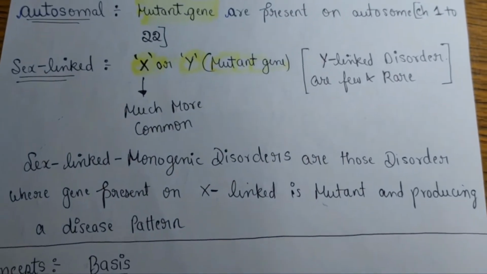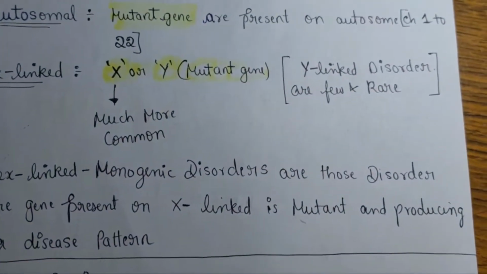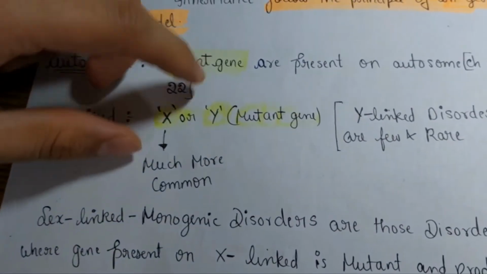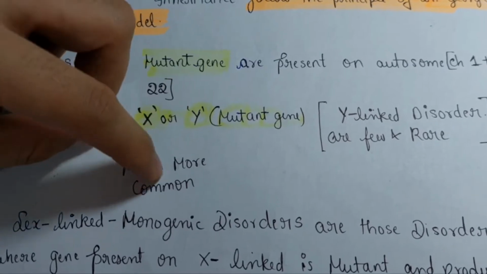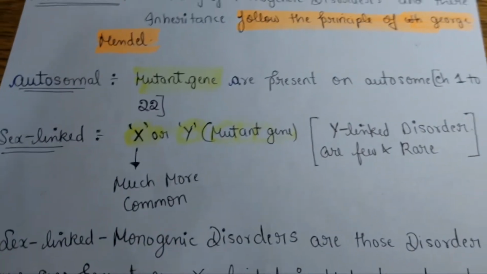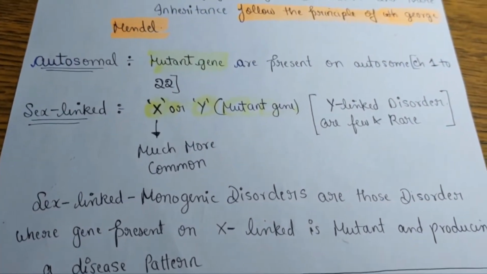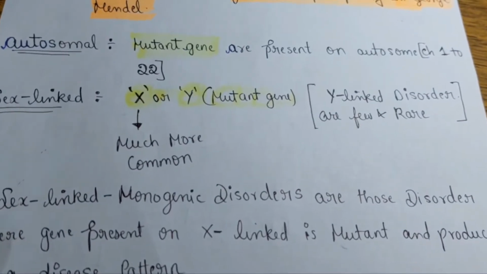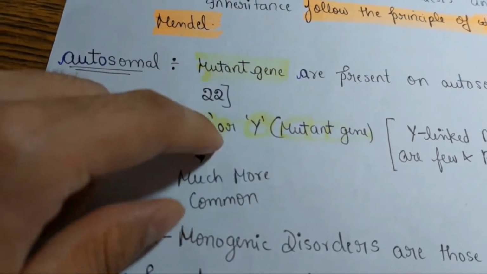In sex-linked monogenic disorder, there is a problem with either the X or the Y gene. The X gene is mutant or the Y gene is mutant. X-linked monogenic disorders are more common than Y-linked monogenic disorders, which are few and rare. So sex-linked monogenic disorders are those where a gene present on the X or Y chromosome is mutant and produces a disease.